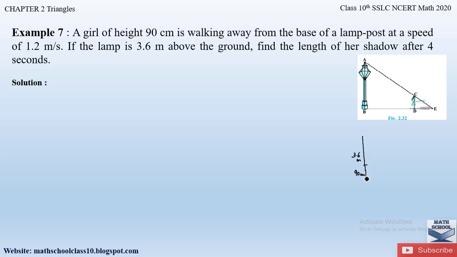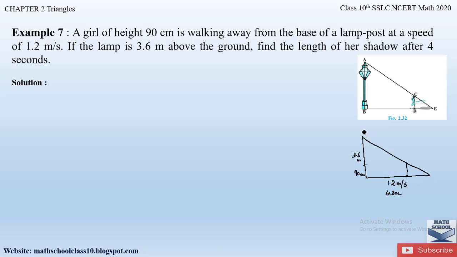Now this girl walks away from the lamp post at a speed of 1.2 meters per second, and we have to find the length of her shadow after 4 seconds. After 4 seconds, the girl would be standing here. The light is falling from the lamp post, forming a shadow of this girl.